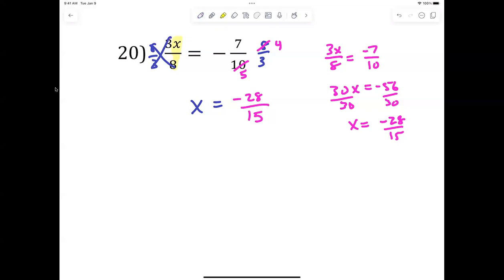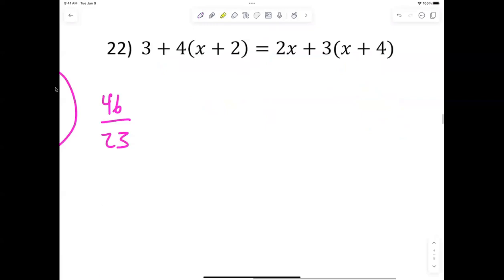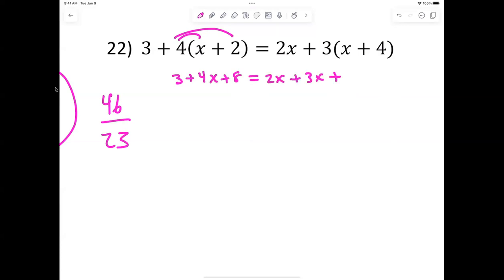All right, here we go. Let's check out 22. Distributing the 4. 3 plus 4x plus 8 equals 2x plus 3x plus 12.